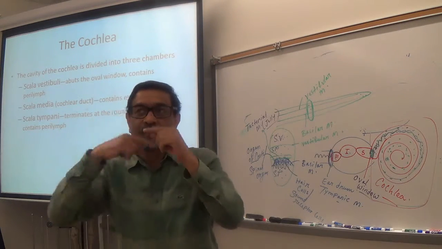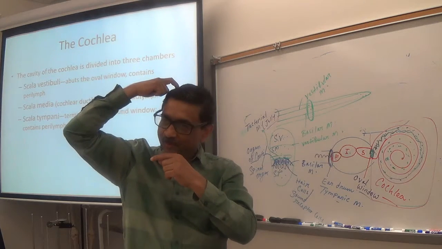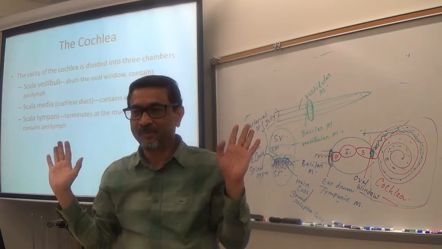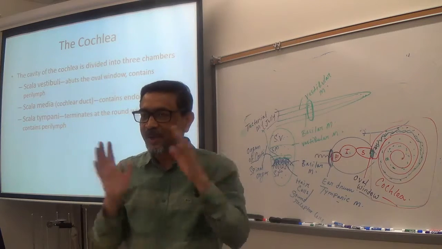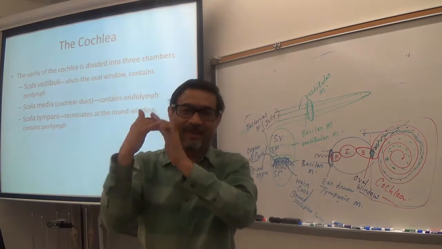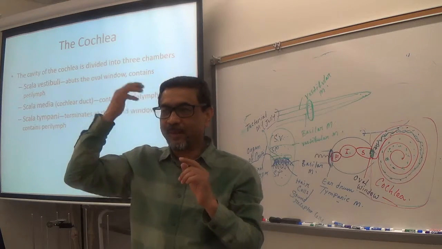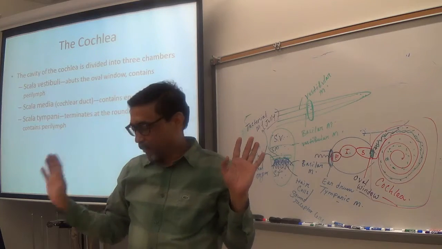So 5,000 signals in 1 second will go to the brain. Make sense? And you will listen to 5 kilohertz sound. If 10,000 times, you will listen to 10 kilohertz sound. Okay? So how many times the hair are bending, that many times the signal is going to the brain. And brain is counting that and processing that. Is it clear?